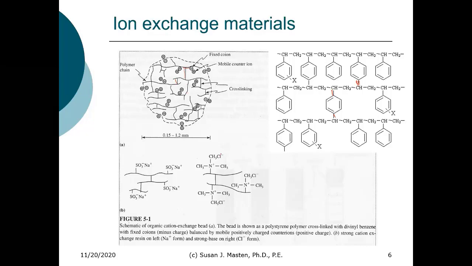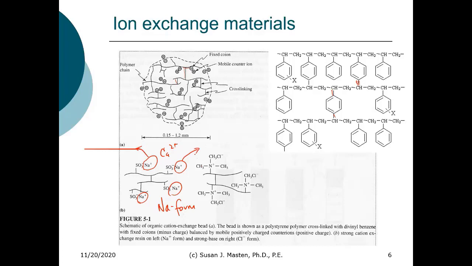Now you can see here, in this case, this resin is in a sodium form. So we'll refer to this as a sodium form. That sodium can be exchanged. And in this case, if it's calcium, we have two sodiums that are exchanged for one calcium.